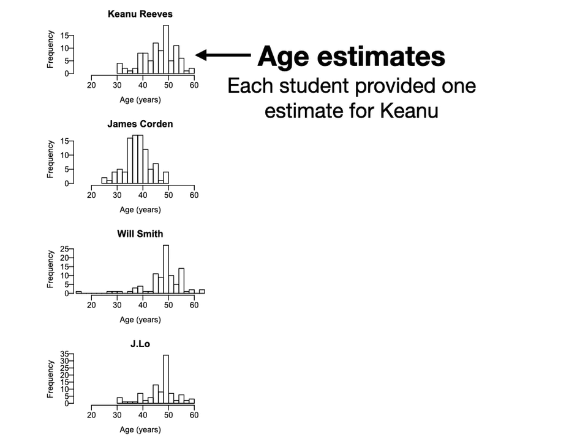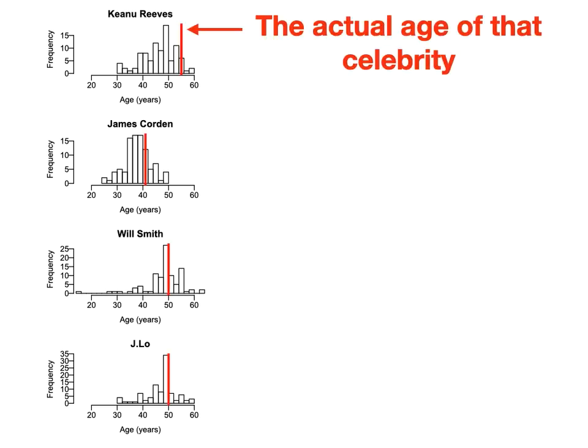These are histograms for the age guesses by Biology 1105 students for these 4 different famous people. Each student provided one guess for a given person, and then you can graph the histogram of the numerical variable of those guesses.